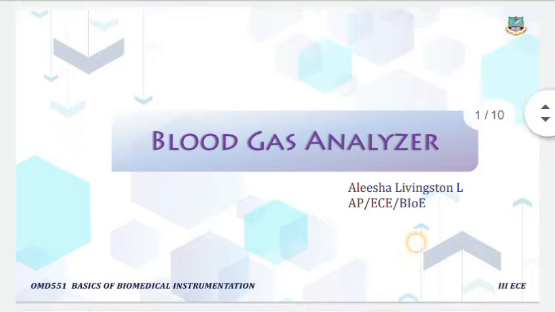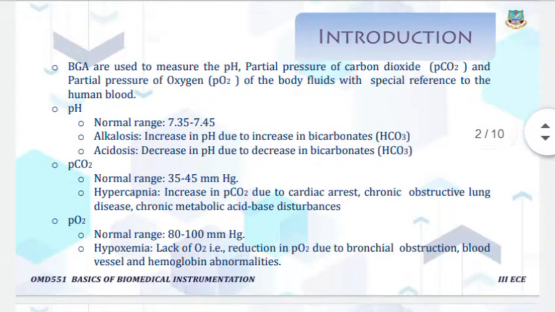This blood gas analyzer is used to measure the pH, that is the potential of hydrogen, the partial pressure of carbon dioxide, and the partial pressure of oxygen of the body fluids, with special reference to human blood.